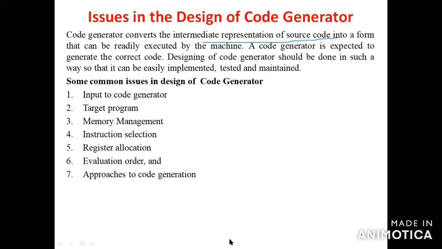The code generator is expected to generate correct code, so we have four properties of code generation.